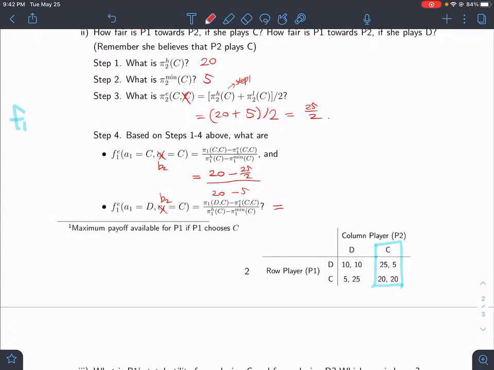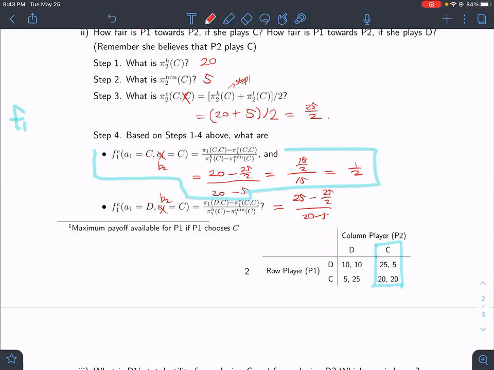So we have 25 here, 5 minus 2, 20 minus 5, so we have negative 5. Then 15/2 divided by 15, which is 1/2. So the first one is done.